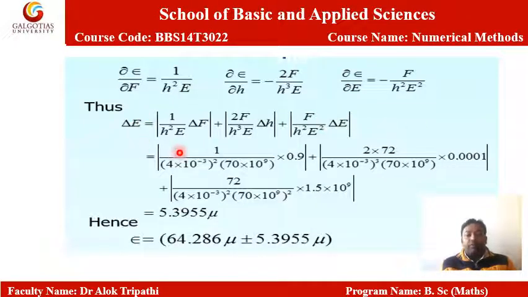Now when we put all the values here, in the slide we have just calculated the partial derivatives, and we have put in the values of the errors in these variables. So here we get epsilon equals 64.286 plus or minus 5.3955. So this is the estimate of error when we calculate the strain.